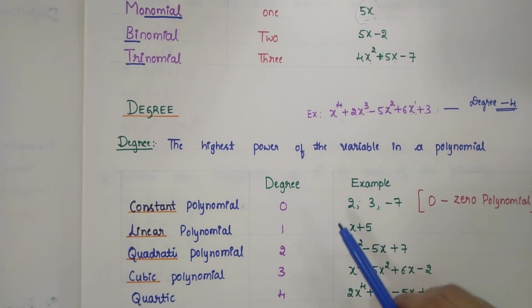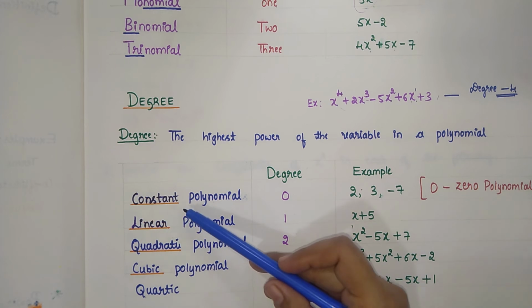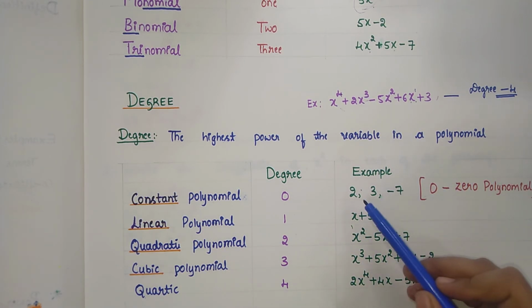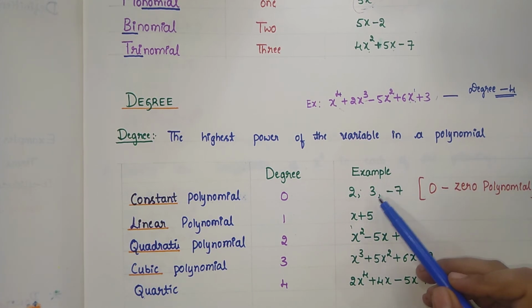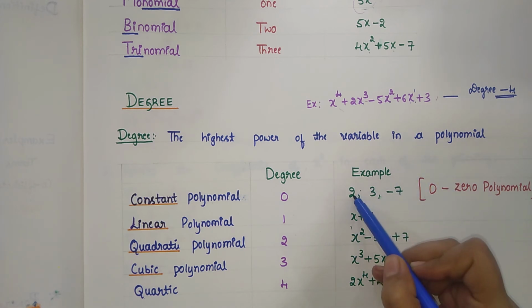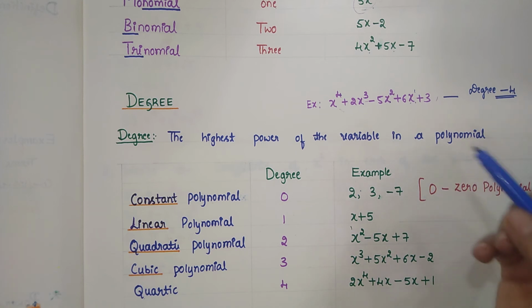So based on that degree, if the degree of the polynomial is 0, we will call that as constant polynomial. For example, you can write any constant number, that is you can write either a positive number or negative number. Because I have considered few example 2, 3, minus 7 like that.